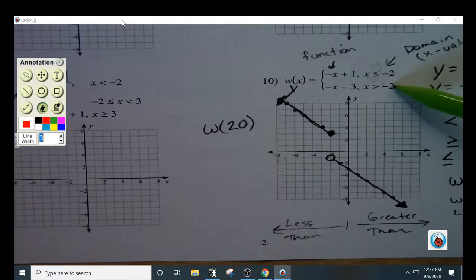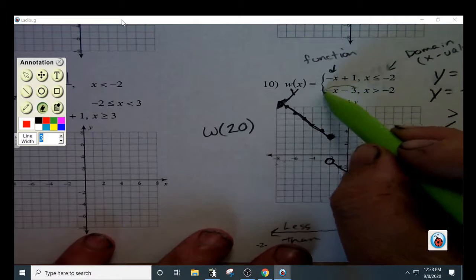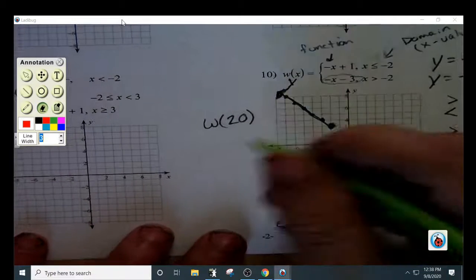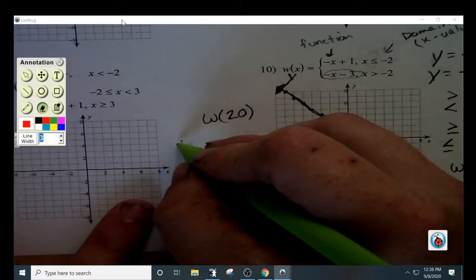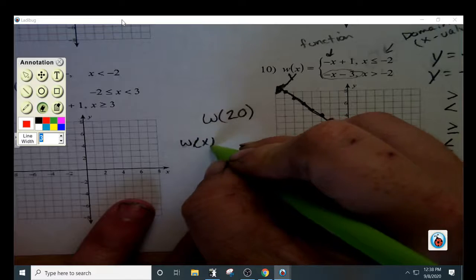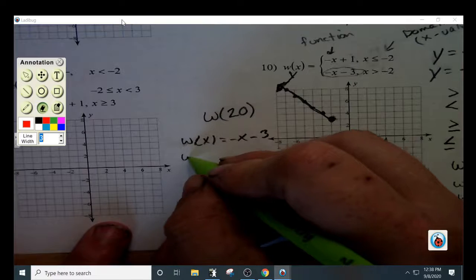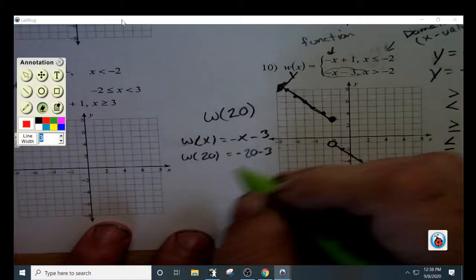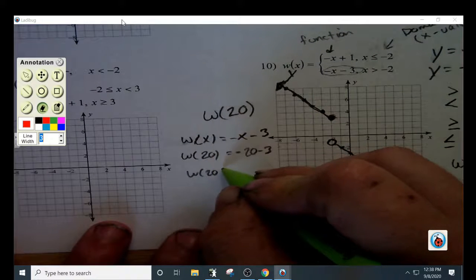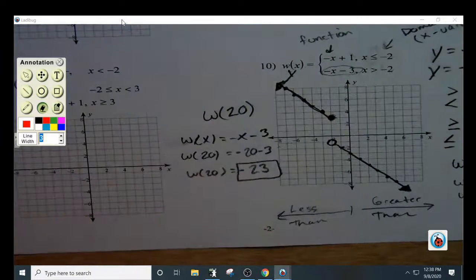Top or bottom? Bottom. So what you're going to do, guys, you're going to plug it into this function. Okay? Now, guys, remember your function is, if I plug that 20 in there, that's the number they're looking for. Okay? You just plug it in.